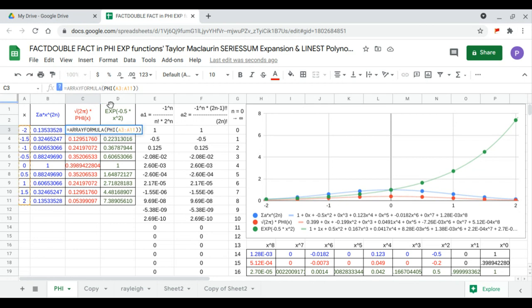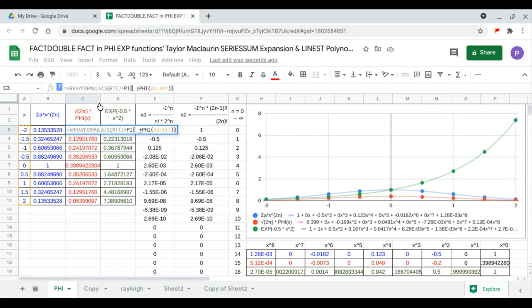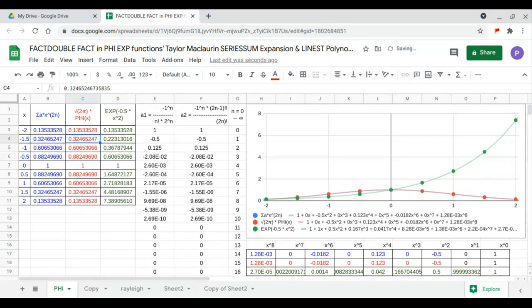So that is square root of 2 times pi multiplied to phi. Then enter. Now their values are exactly the same. And their polynomial regressions are the same. So their polynomials are the same.